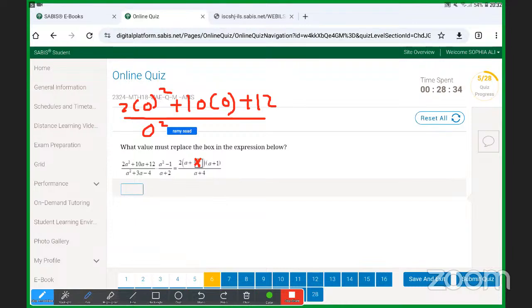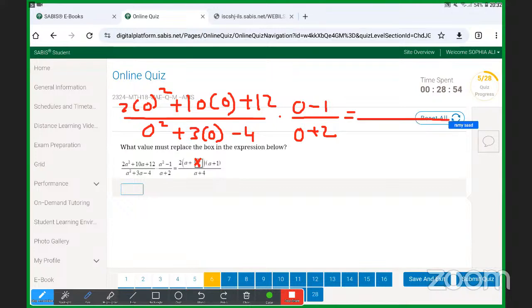You see, I'm replacing every a by 0. Still we have one, times 2 bracket 0 plus x, because this is a question mark, a number we need to know.